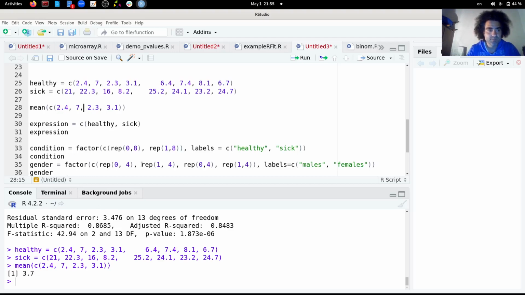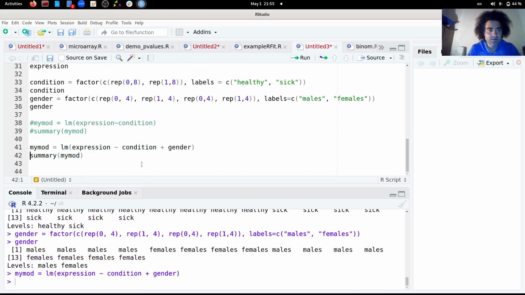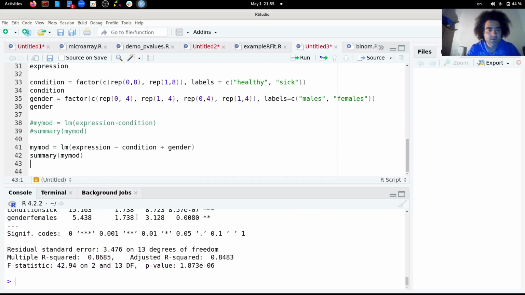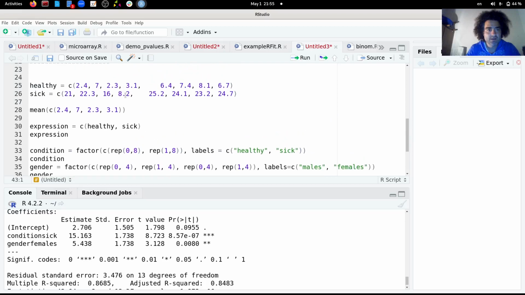However, the model predicts that the intercept term is 2.706, which is not exactly the same as the mean value of the healthy males.